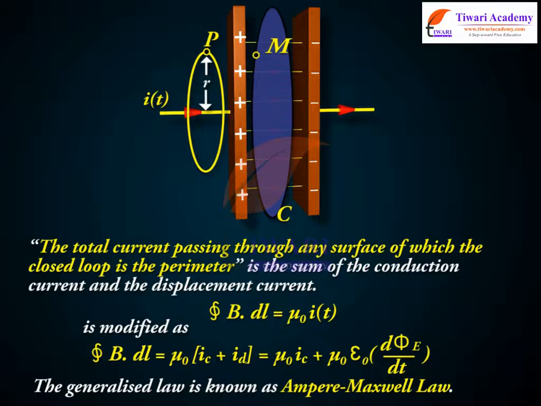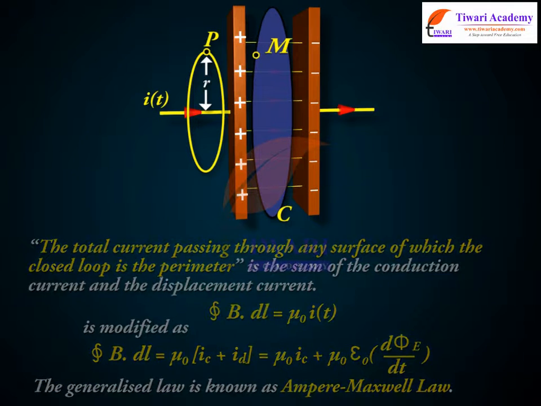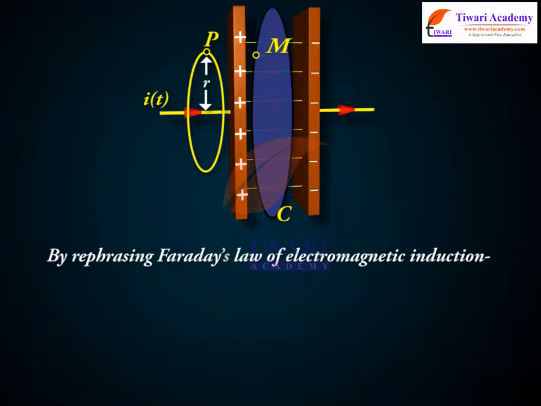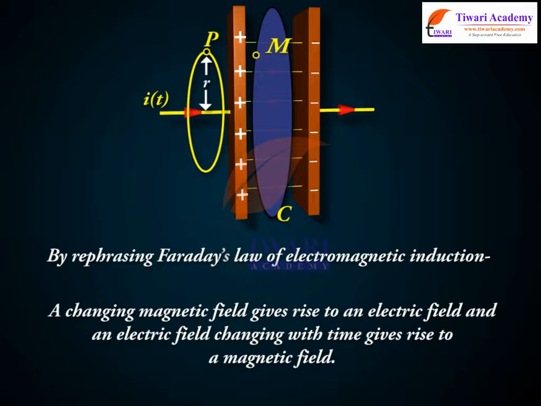The generalized law is known as Ampere Maxwell Law. By rephrasing Faraday's law of electromagnetic induction, we can say a changing magnetic field gives rise to an electric field, and an electric field changing with time gives rise to a magnetic field.